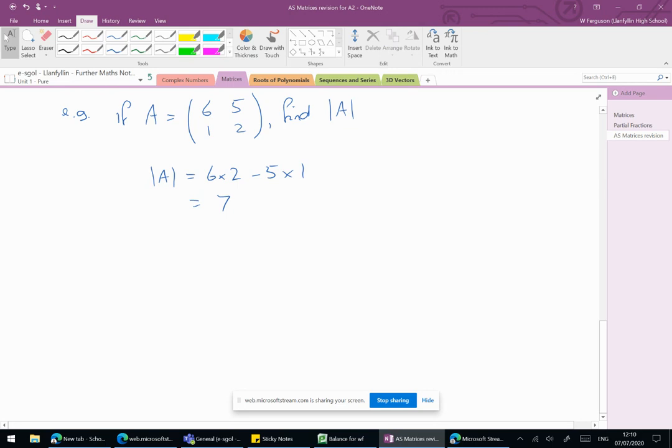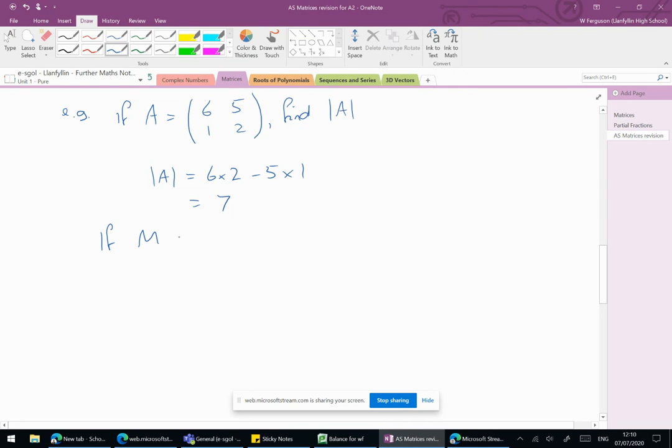And then two alternatives. One important thing is that we sometimes get 0. So, for example, if it was 2, 4, 1, 2 or something like that in my 2 by 2 matrix, then I would have 2 times 2 take away 4 times 1, giving me 0. And this is a significant result, getting a 0 determinant, and an important thing to recognize and remember about.